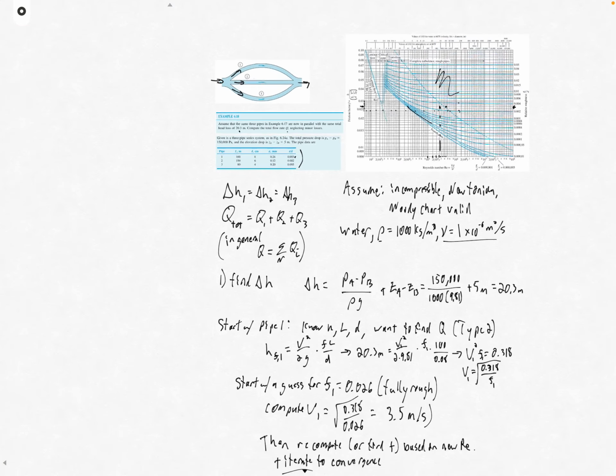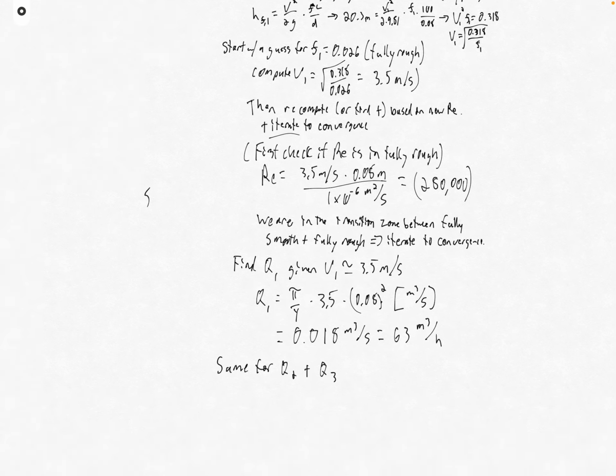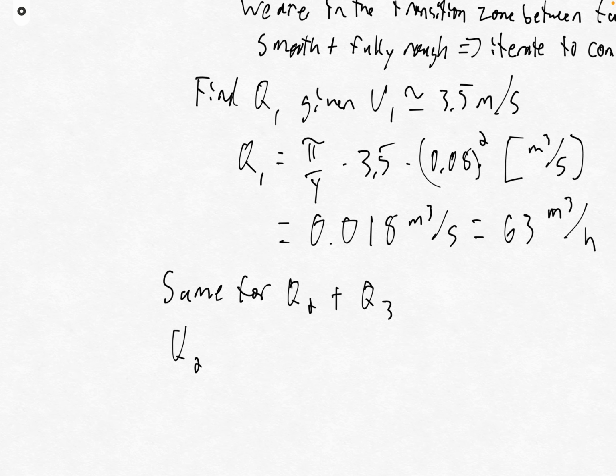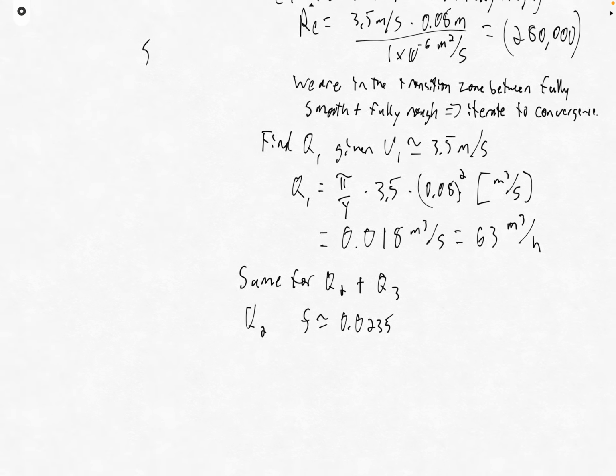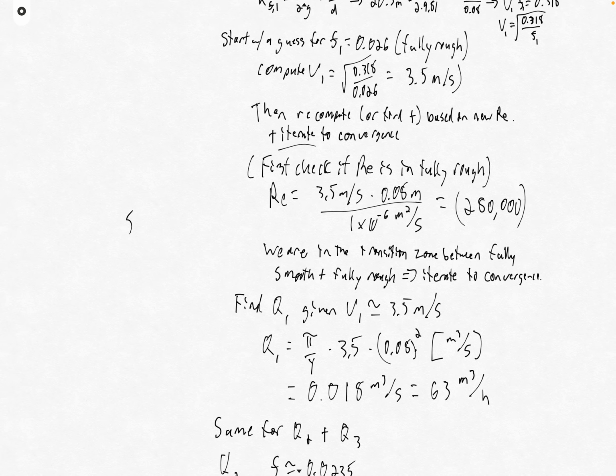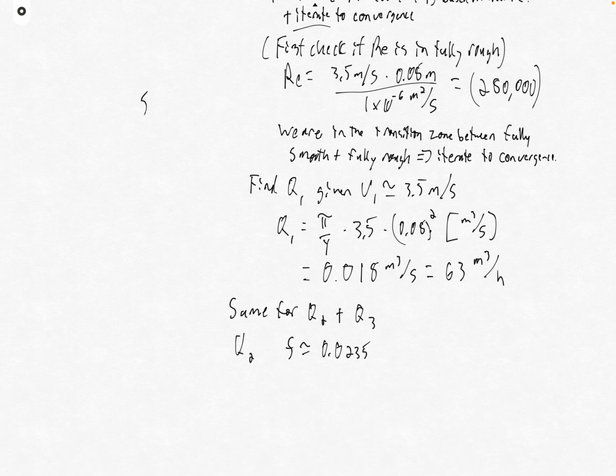So we'll say for Q2, we're going to say f is approximately equal to 0.0235. We need to set up our method of solving for V2 though, right?